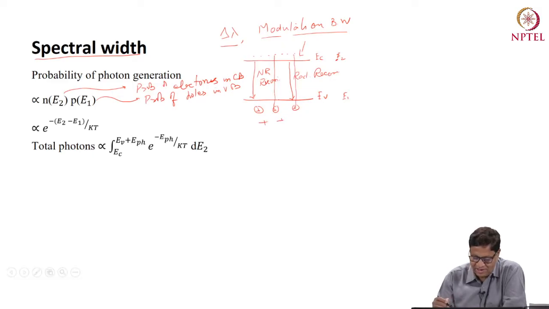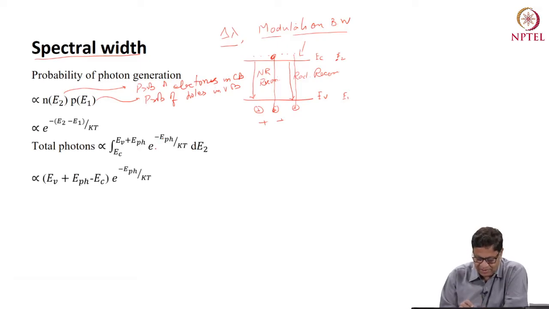So I need to integrate over all possible combinations of these electron and hole pairs. I will be integrating this from EC to EPH, where EPH is the photon energy which is emitted, given by the difference between this point and this point. This EPH is varying for different pairs. So the total photons is integrated from EC to EV plus EPH.